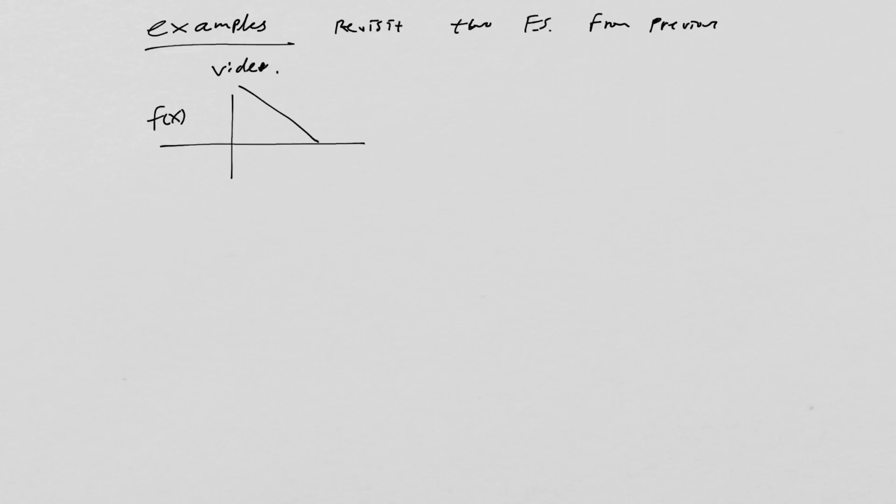Okay, so actually I'm going to revisit two Fourier series from the previous video. So we had the function f of x, which was equal to 1 minus x.